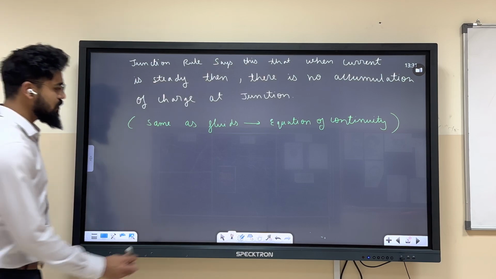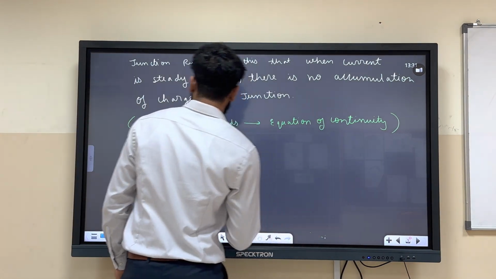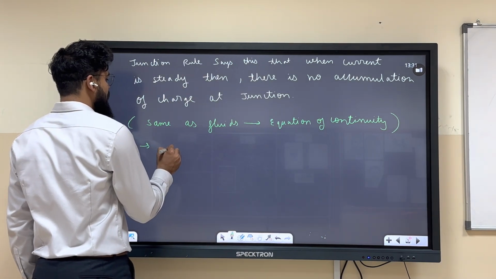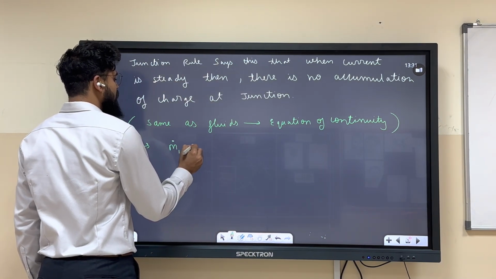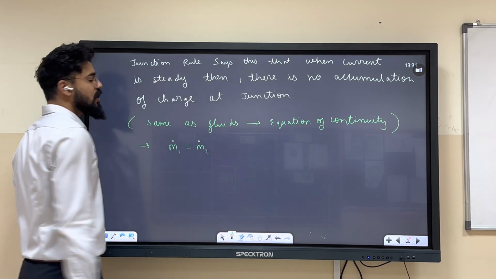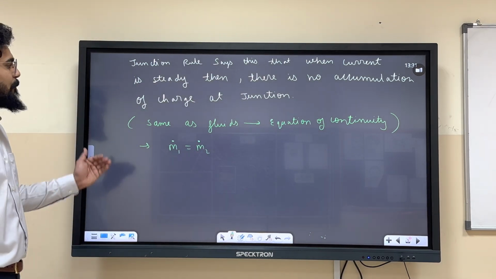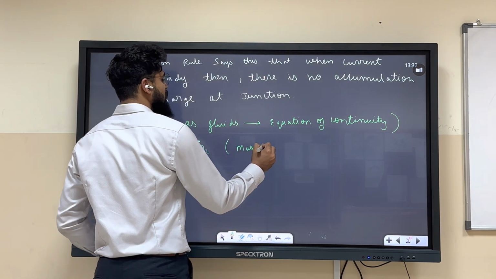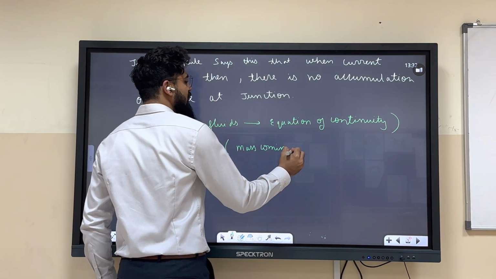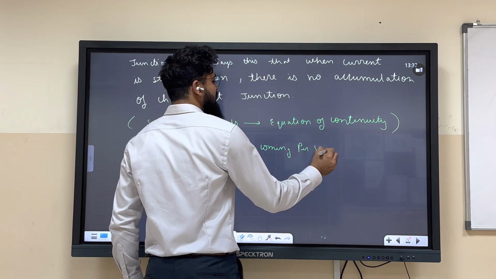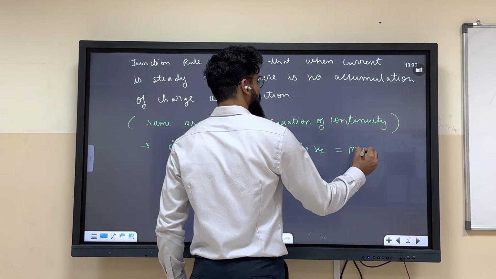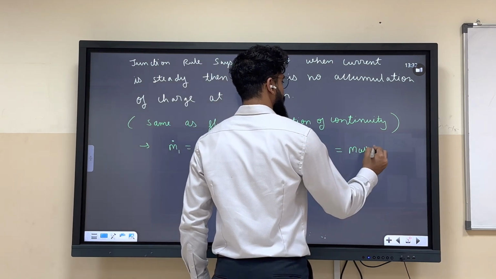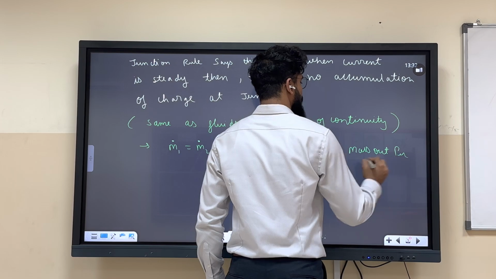Let's discuss more. In the equation of continuity, we used to write m1 dot equals m2 dot. It means mass coming per second equals mass going out per second.